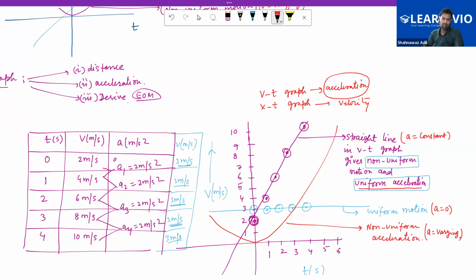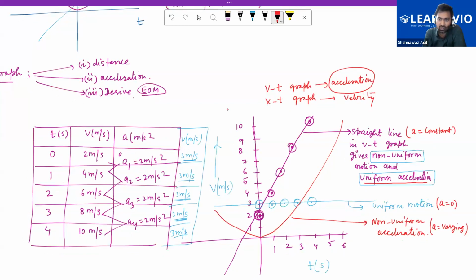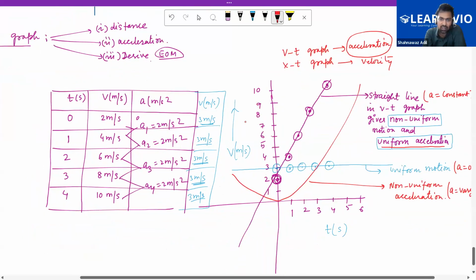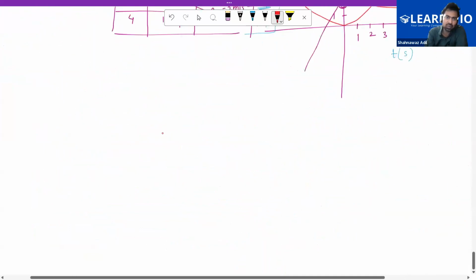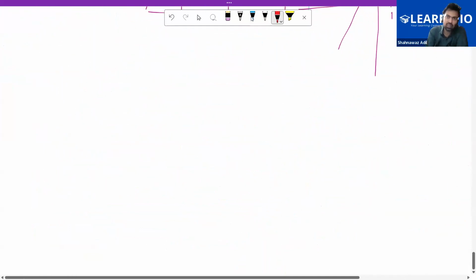Yes. Okay, so now let us write the summary of everything. How much time do we have? We have 10 minutes, so we can write this.